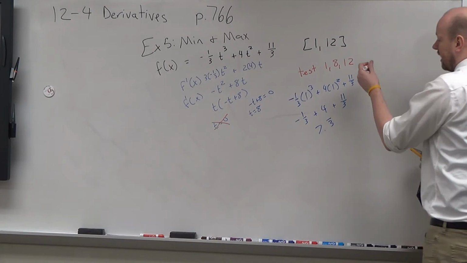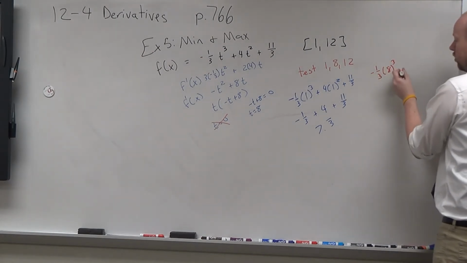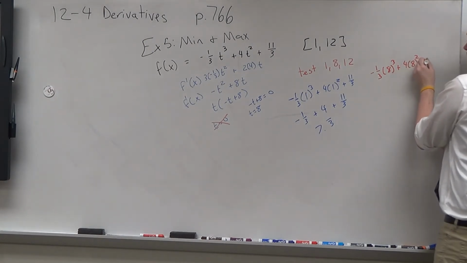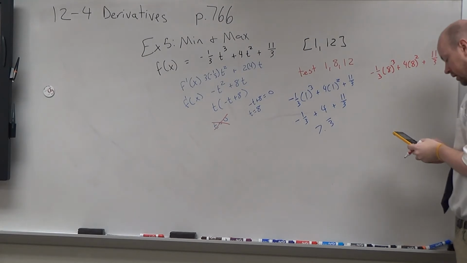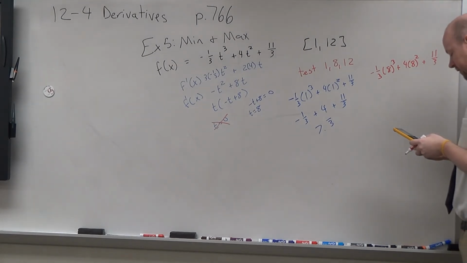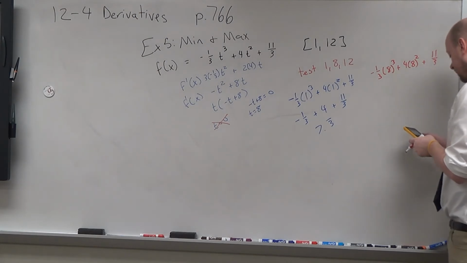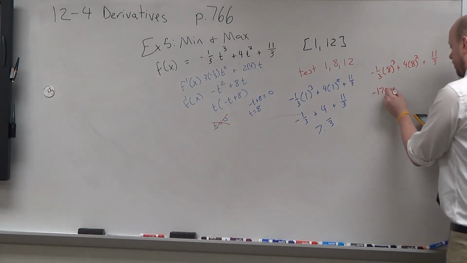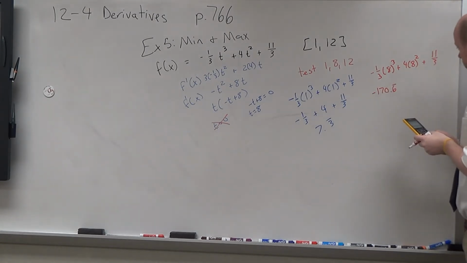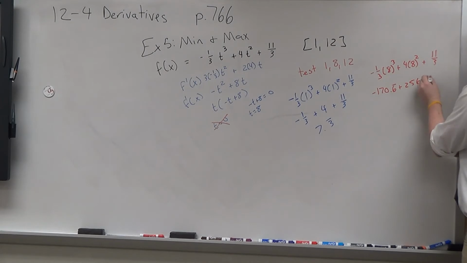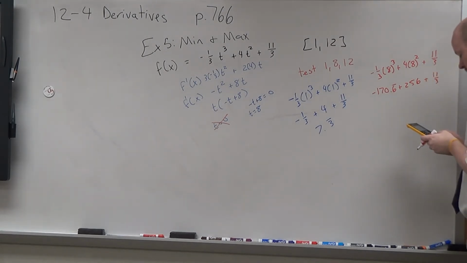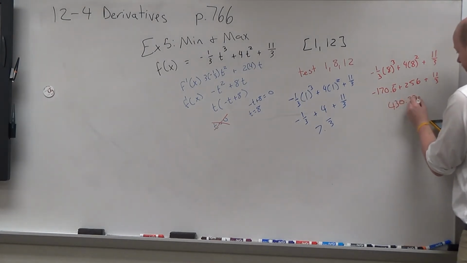I have to test some other ones, so let's see, 8. I get negative 1/3 times 8 cubed, plus 4 times the quantity 8 squared, plus 11 over 3. 8 cubed times negative 1/3 would be negative 170.6 repeating. 8 squared, 64, times 4, plus 11 thirds, so I get 430.33, or 3 repeating.